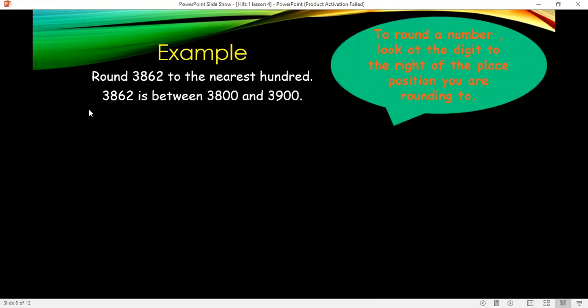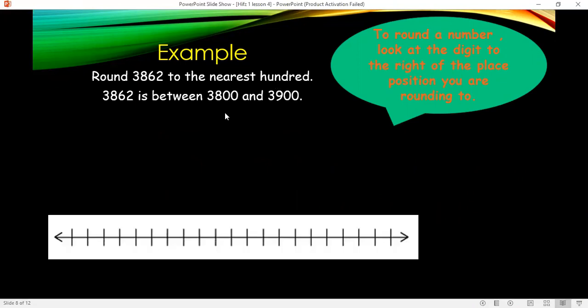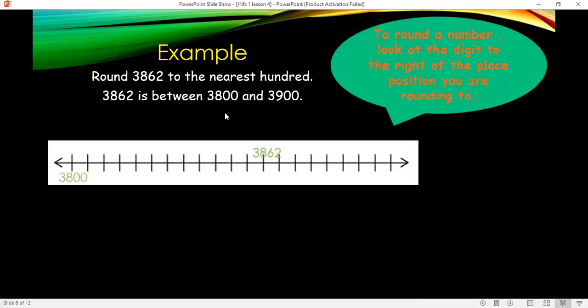The number you need to round is 3,862. You need to round this to the nearest 100. 3,862 lies between 3,800 and 3,900. When you have to do rounding, what is the easy way? Underline the place value of the digit you need to round off. So nearest hundreds, underline 8 and circle the digit right to it.